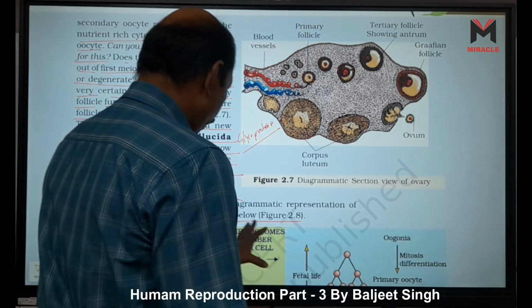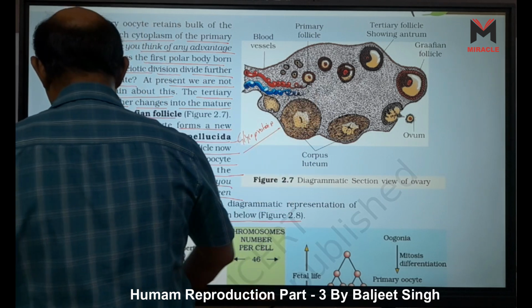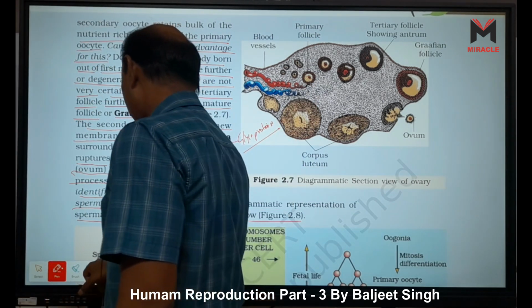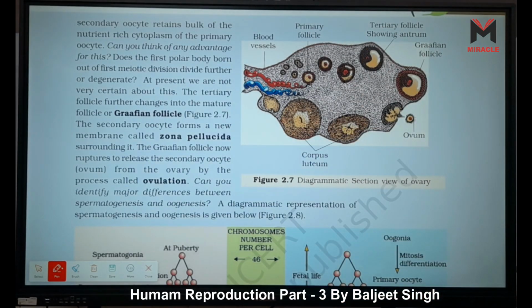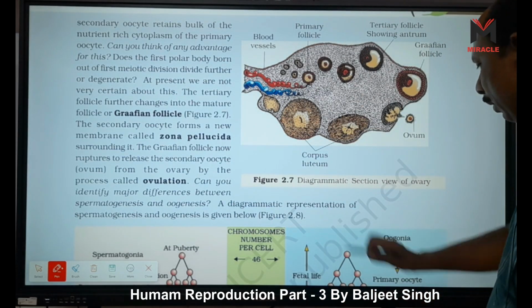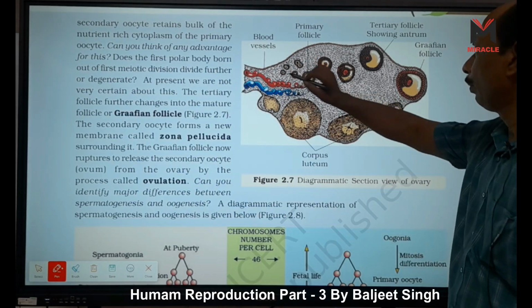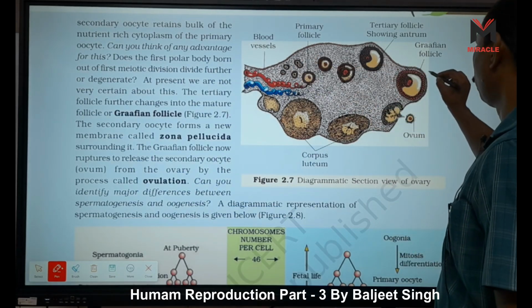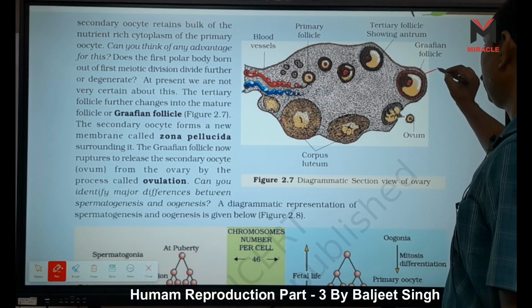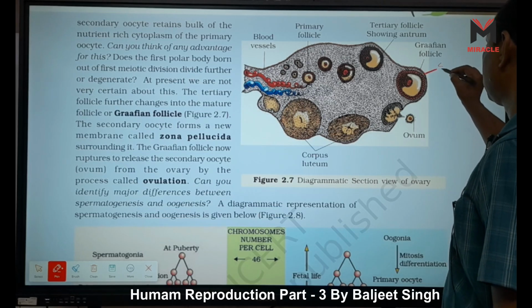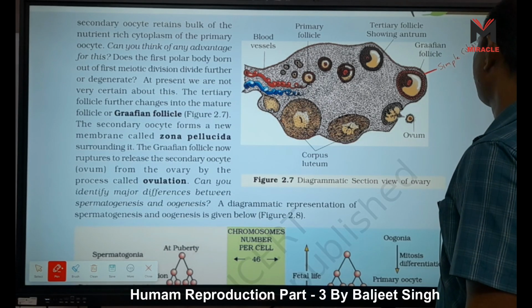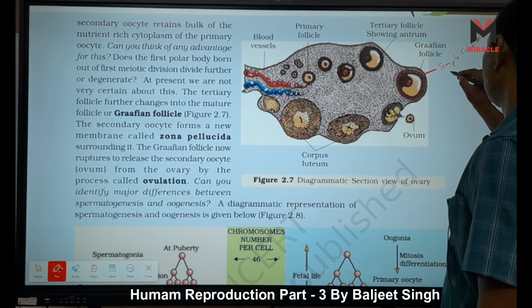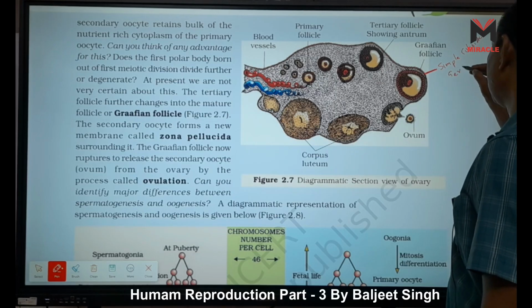Before going to this figure, first the structure of the ovary is given. We see this structure and then we will look at the difference between spermatogenesis and oogenesis. Look, the outermost layer is made up of simple cuboidal germinal epithelium.